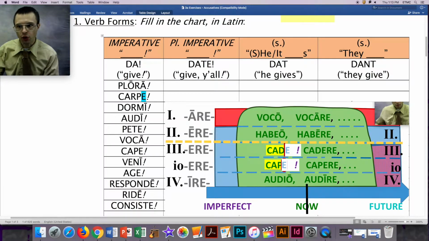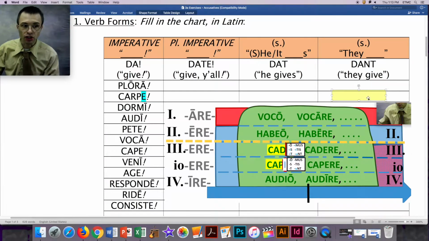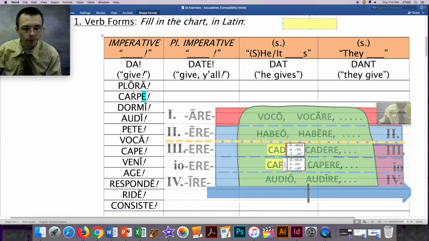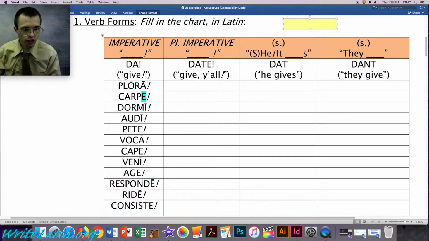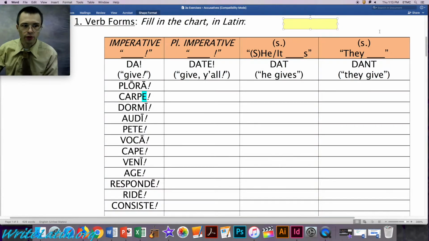You don't know over here in the plural whether that's going to be an unt or an iunt, because if it were unt, then it would be a nothing verb, and if it were iunt, it would be a short I verb. So you have no way of knowing whether that's third or third IO. So watch out for that, but everything else you should be able to do quite easily following the book. So stop the video and do this set right now, and then start it again when you're ready to see the answers.